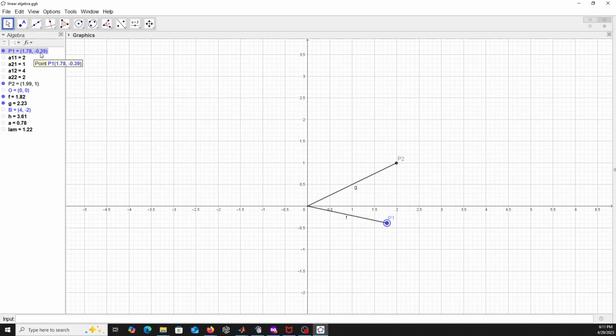Now the question is, is this the only solution? No, sir. There will be other solutions. So what is the other solution? You can drag it, and my output has to be 2 comma 1.